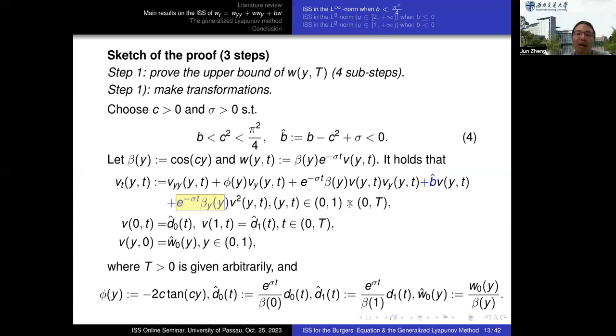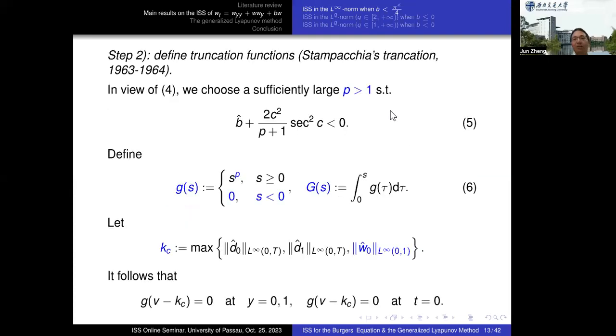So it can help us to deal with the reaction terms, but there are still boundary terms. So it is difficult to apply the Lyapunov method to estimate the boundary terms. To do so, we would like to use the so-called temperature truncation. In fact, because B hat is strictly less than 0, we can find a sufficiently large p such that the sum of them is strictly less than 0.